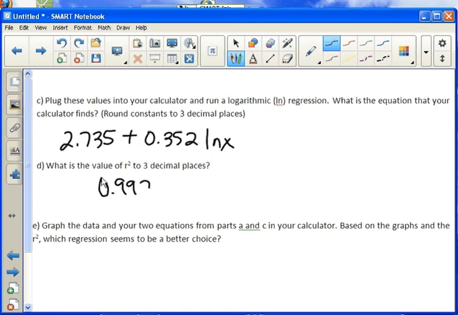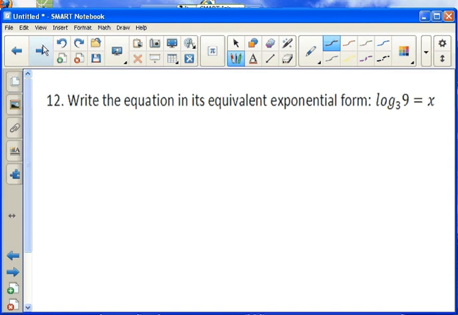So based on the graphs and the r squared, it's clear that the logarithmic is our better choice. Okay, write the equation in its equivalent form. Remember, it's log BAP. This is our base, our answer, and our power, meaning the exponential form should be base raised to my power equals my answer.